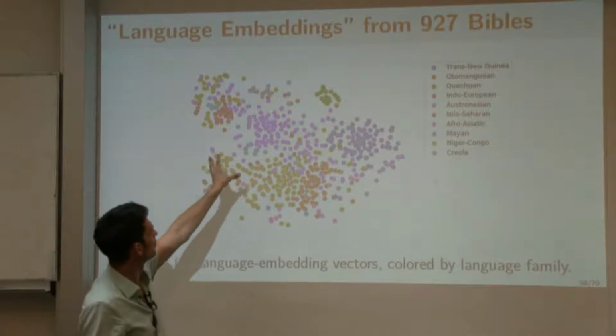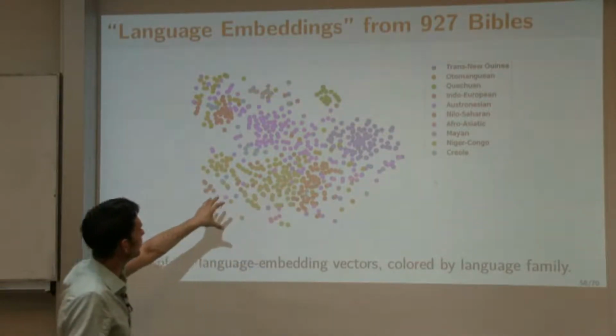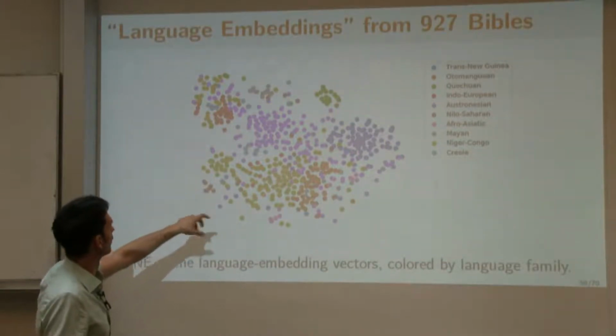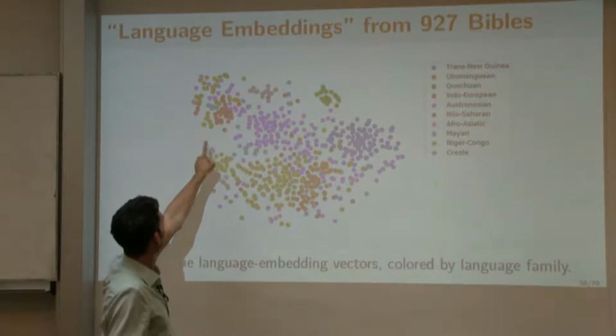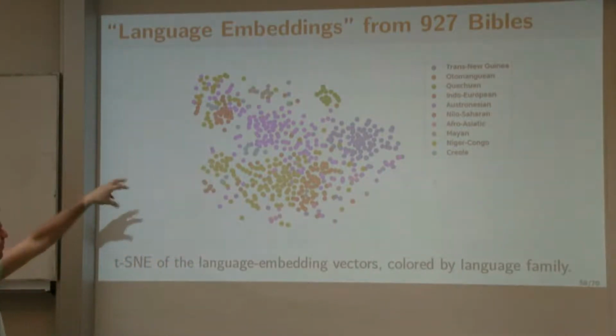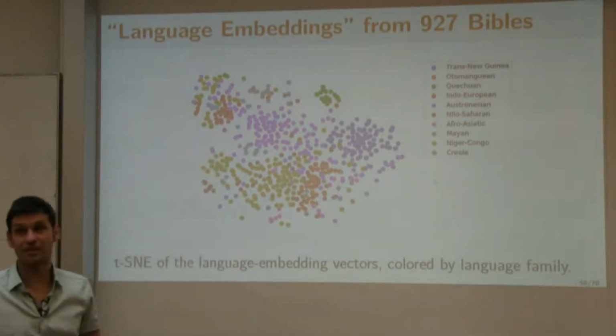Then Austronesian languages are across the board, Papua New Guinea. And then Afro-Asiatic, Creole languages are here, similar to the Indo-Europeans. Quechua languages form a distinct cluster.